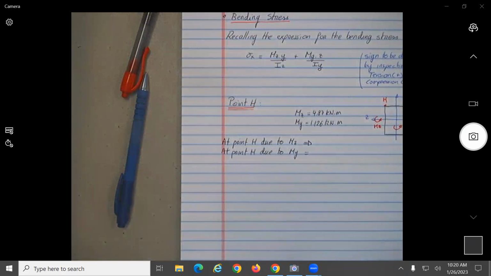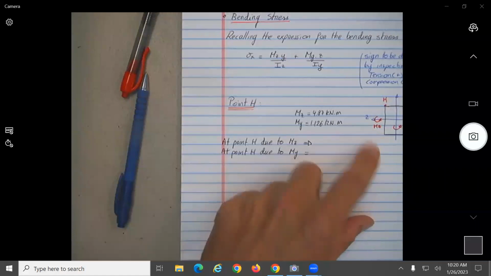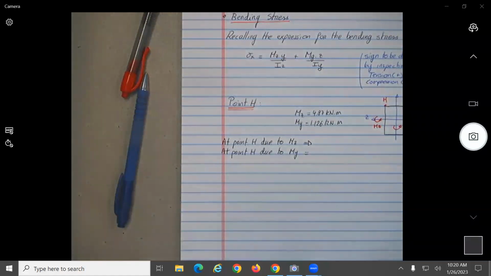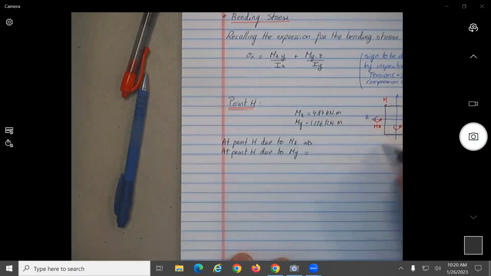Here we are looking about the z-axis first. So bending this way, this will be curving like a smile, no? It will bend this way, no?